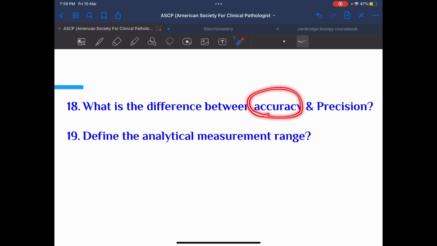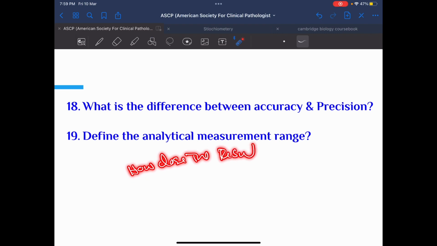So accuracy measures how close our result is to the true value, while precision is how close the results of the test are if repeated 2 times.